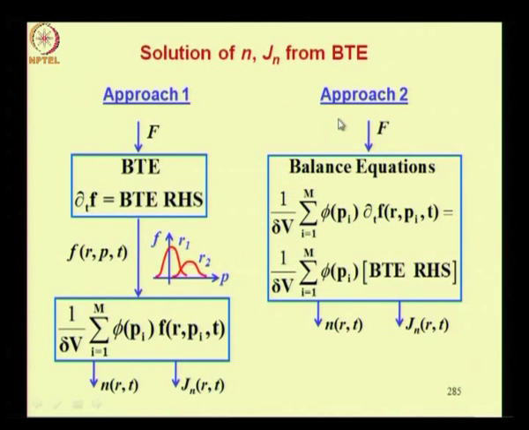On the other hand, in approach 2, you perform this operation on the distribution function in the Boltzmann transport equation itself and convert this equation into a set of balance equations for electron concentration, hole concentration, electron current, hole current, then other terms like electron kinetic energy, hole kinetic energy, and so on, and directly you solve for the carrier concentration and current density.